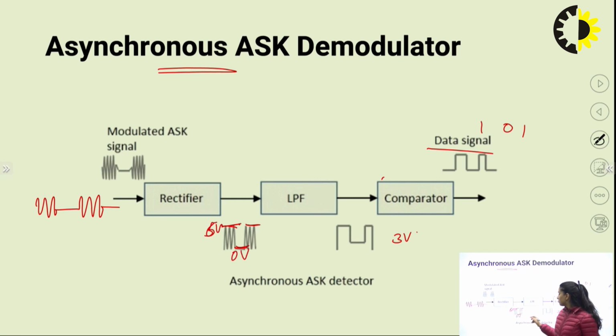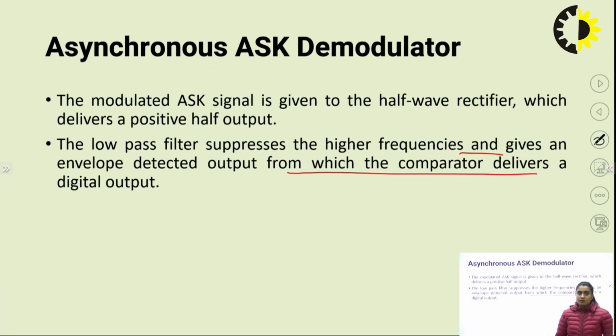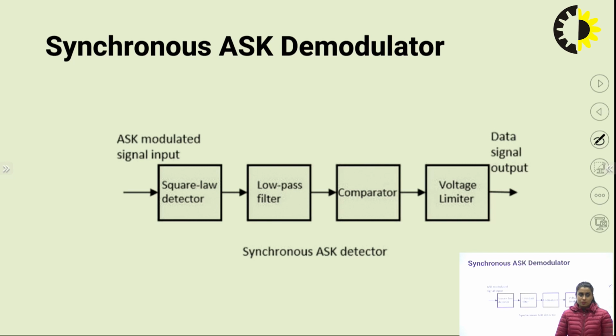It will compare this 5 volt with 3 volt, and if this is higher it will read it as bit 1, and if this is lower, 1 is lower than 3, it will read it as bit 0, right? This is the job of a comparator, to compare the input value with the already available reference and correspondingly give some result. So that was about asynchronous detection.